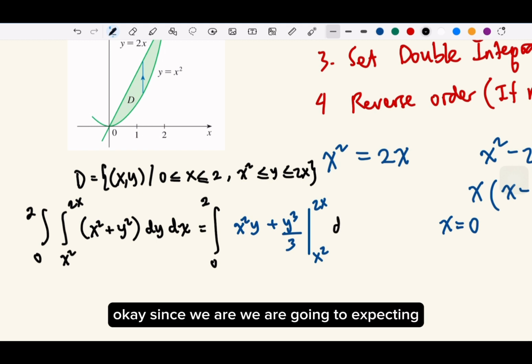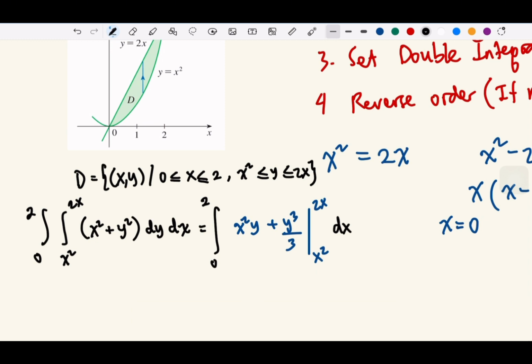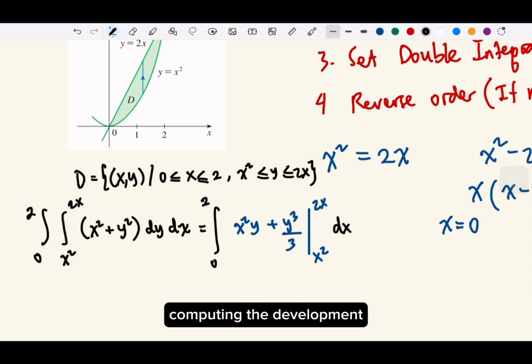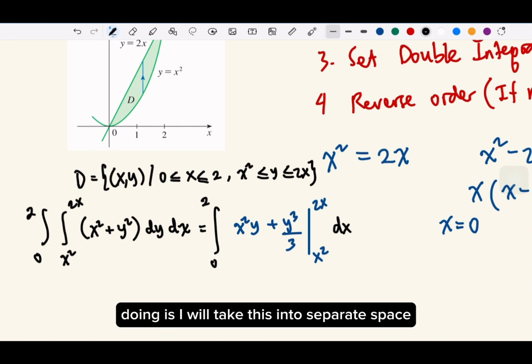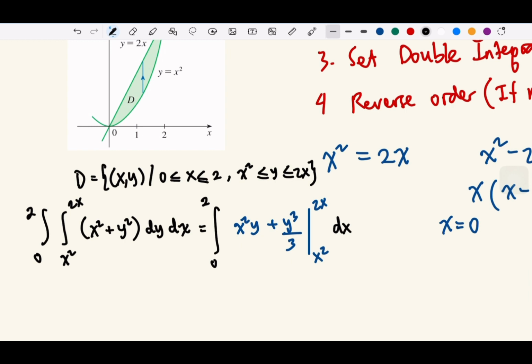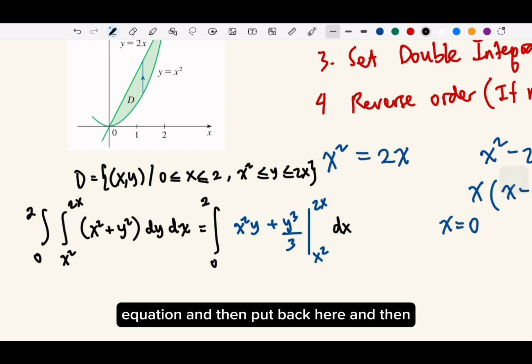Okay, since we are expecting, in the near future, some complication in our math when computing the double integral, to avoid mistakes what I usually do is take this into a separate space, compute first until we get a simple equation, and then put it back here and integrate again.